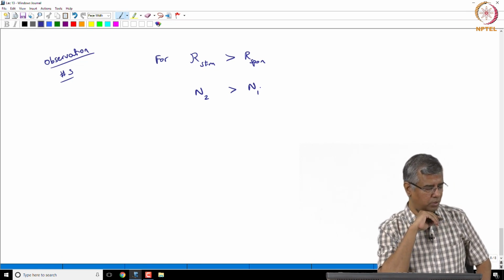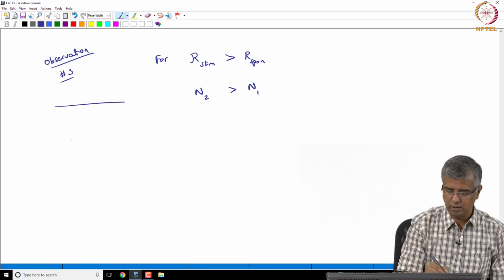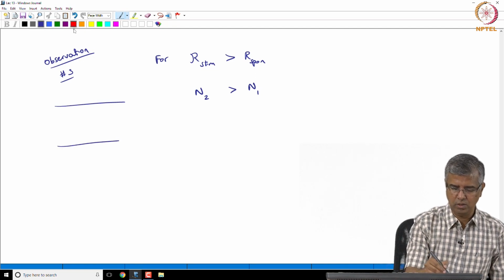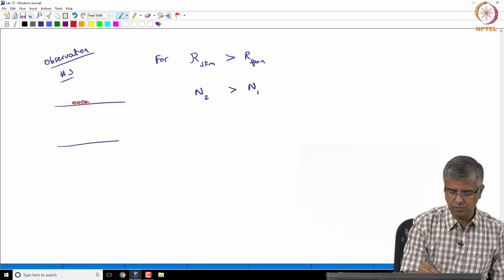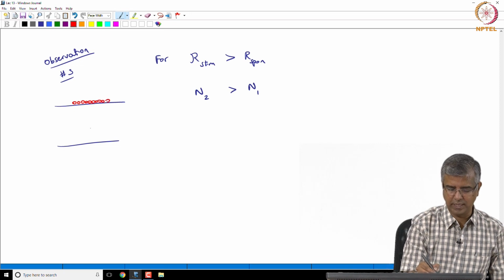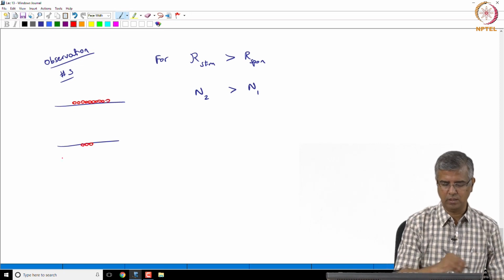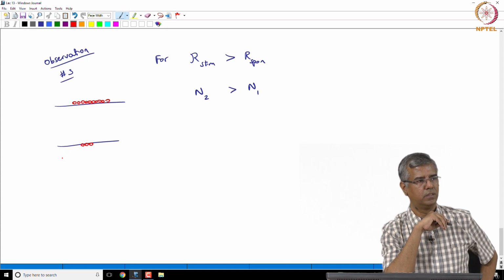So, you need more atoms at an excited state compared to the lower energy level.